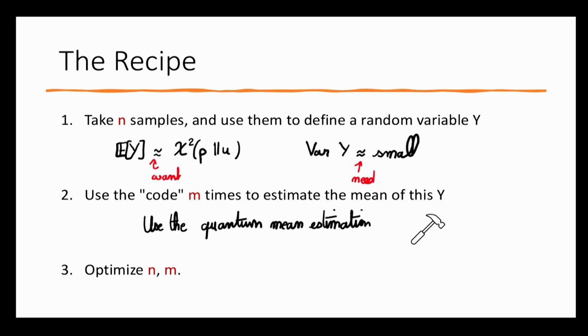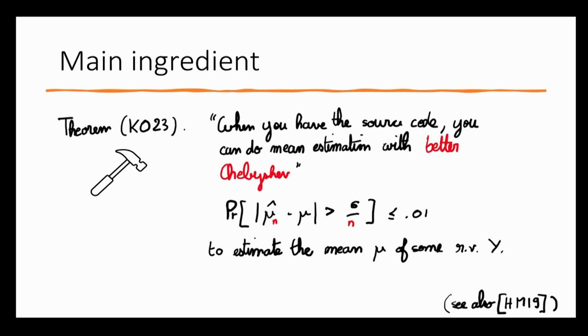What you want from that is you want its expectation to be related to the chi-square distance between p and the uniform distribution, because that's the 2 cases you want to distinguish, right? One of them, it should be less than 0.99 theta, and the other one, it should be at least theta. So you want the expectation of this thing to be this, and you also want it to have a small variance, because if y has small variance, then you can use Beta-Chebyshev and get the savings you want.